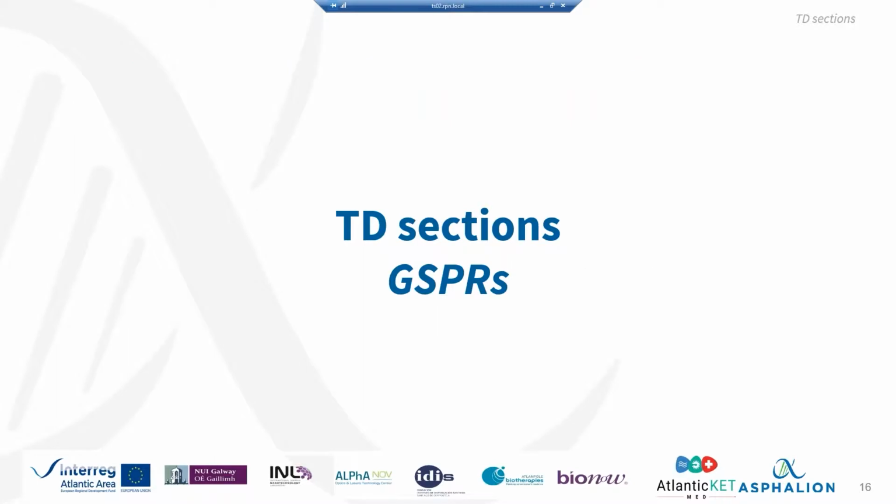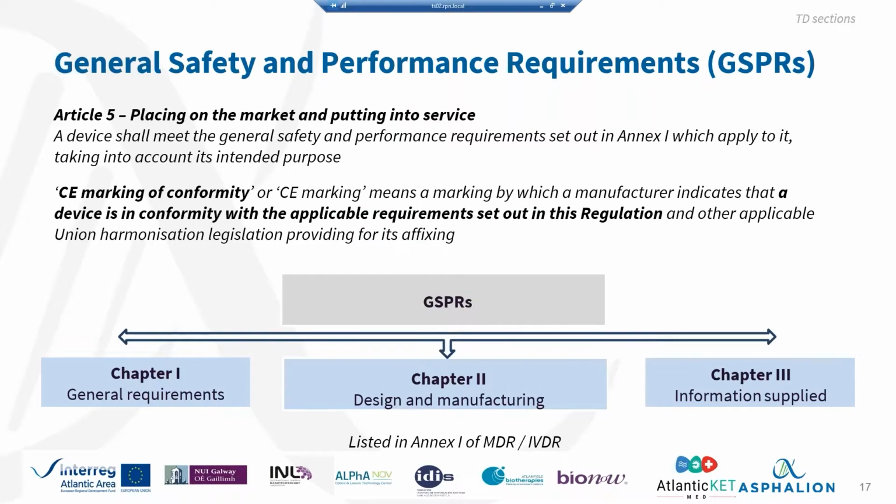So now let's talk about the general safety and performance requirements. We said this is an exercise that should be done early, as a milestone of the development of the device, and these are all the requirements that are applicable to your device.